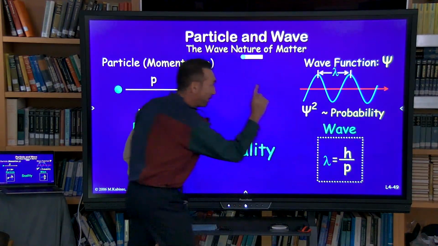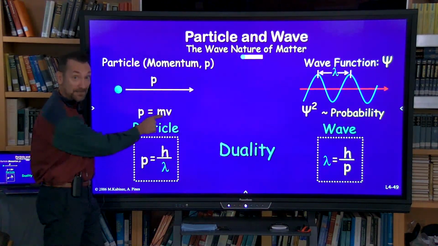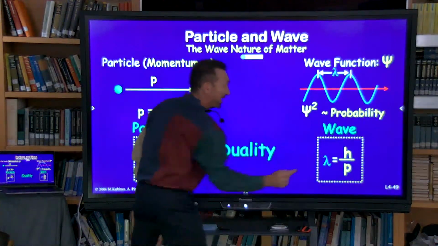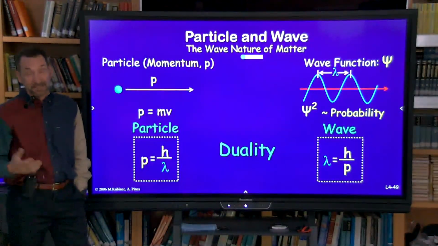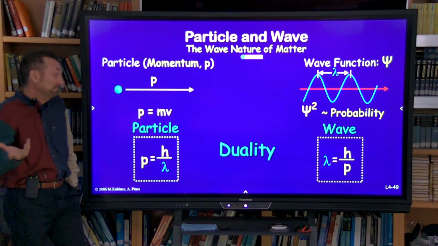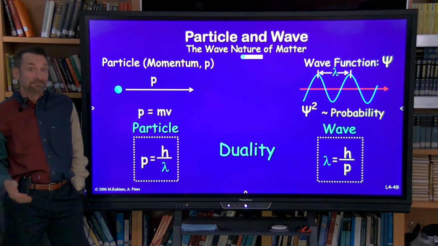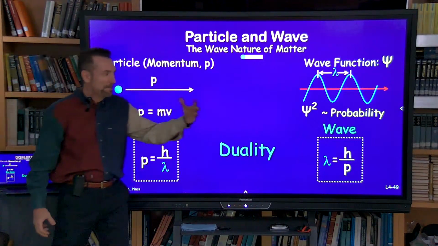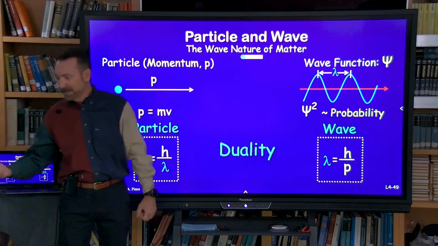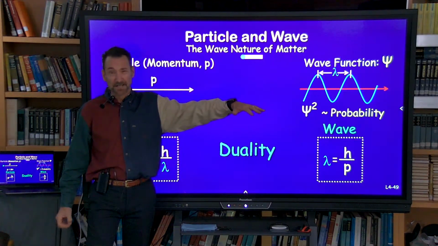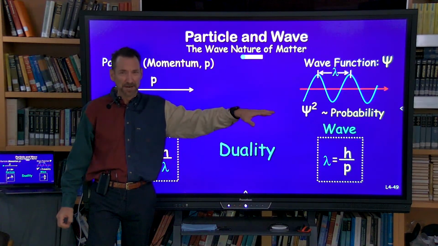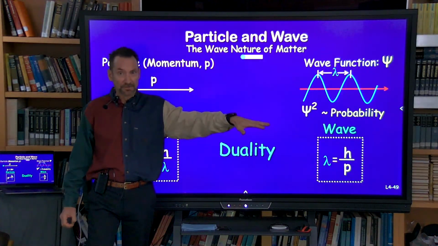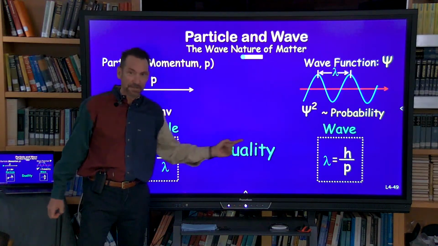So if I know the momentum of the particle, it has a mass and a velocity, I can calculate a wavelength. Is it right? I don't know. So far, this is just all supposition. We're just saying, what if you did that? What if you assumed matter behaved like light? You kind of saw it behaving like waves because it had that diffraction pattern. Why not just apply the same thing that we derived for light?